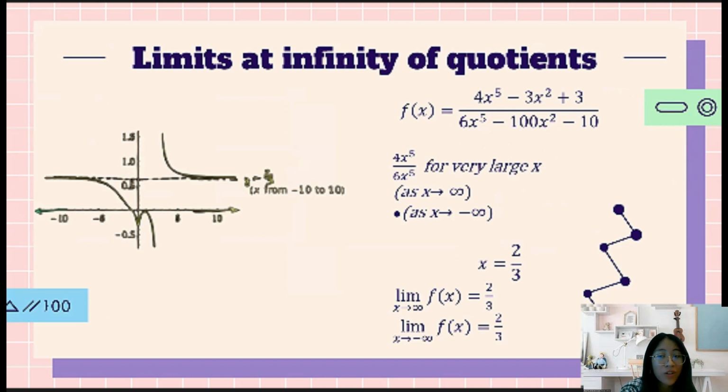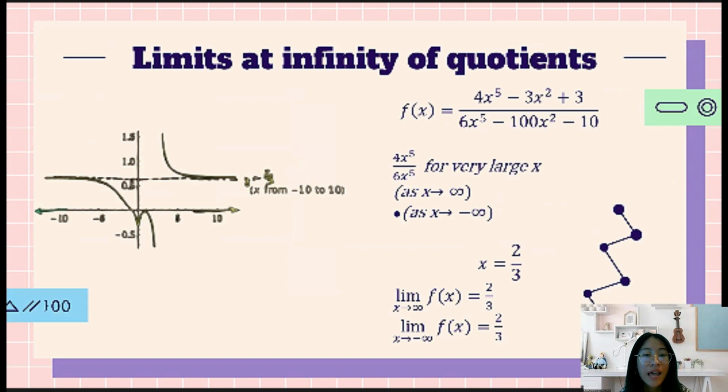As x gets very, very large, let's focus on the numerator. 4x to the fifth is going to become much, much more significant than any of these other terms. Something squared is large, but something raised to the fifth power grows much, much faster.